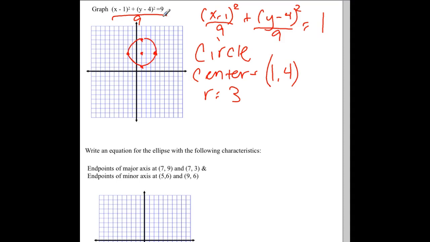All right. Keep in mind that when you get to the test on this chapter, you're going to have all different shapes, right? So it's not that I'm trying to trick you. I'm trying to see if you are paying attention to what is different about a circle versus an ellipse. Okay? All right.